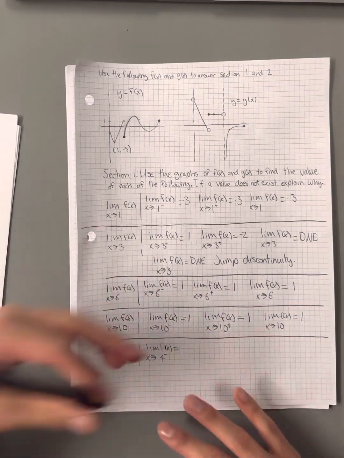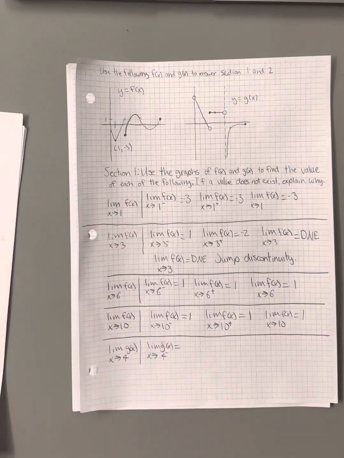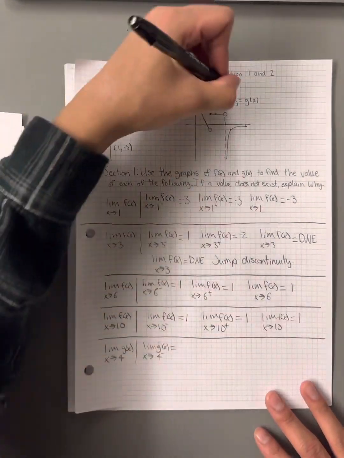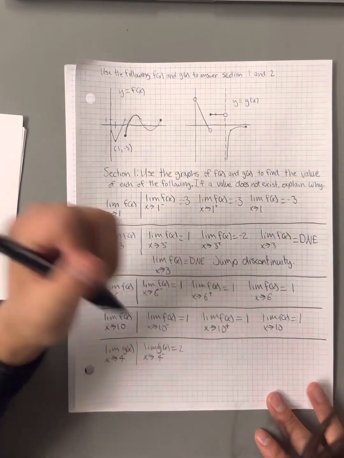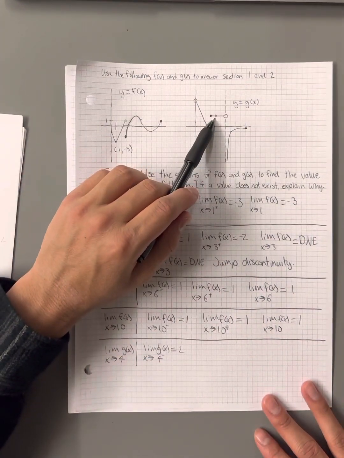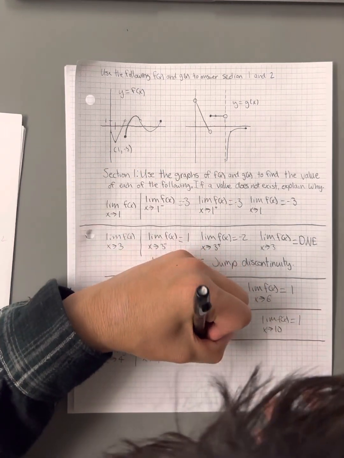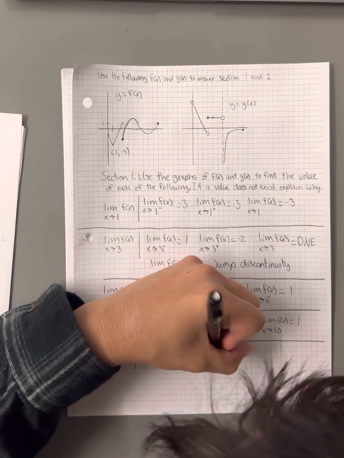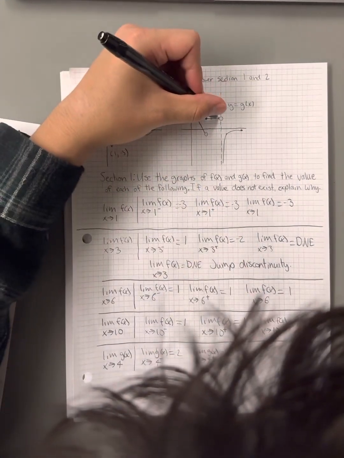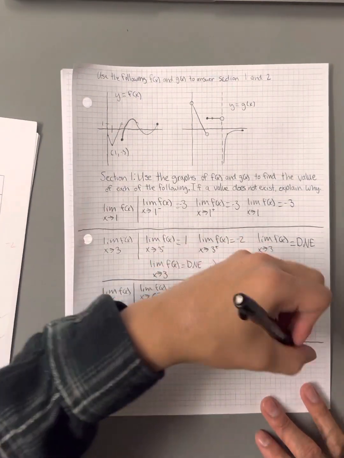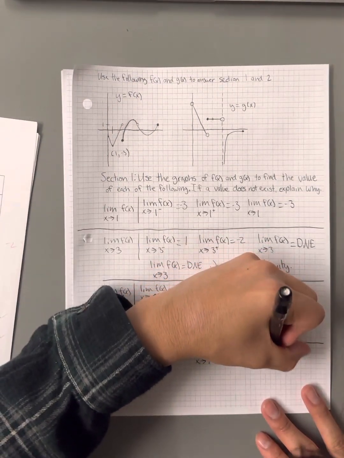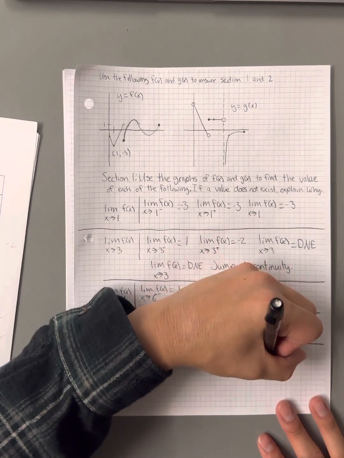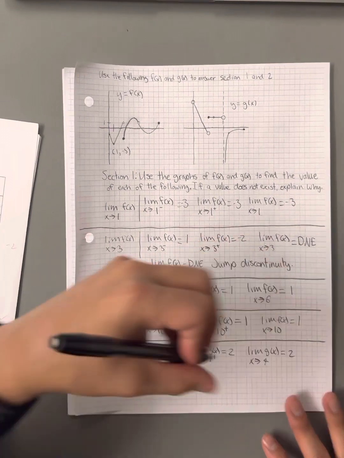We're looking at g of x, actually. And from the left, just a straight line, it is approaching the value 2 at x equals 4. Now, we have to look at it from the right. We've got another straight line, and it is approaching 2. So we know that the limit of g of x as x approaches 4 is just 2.